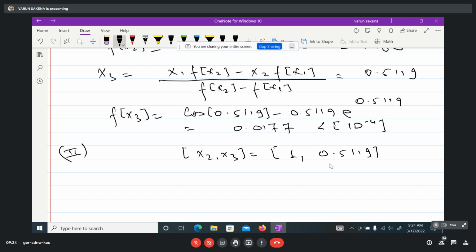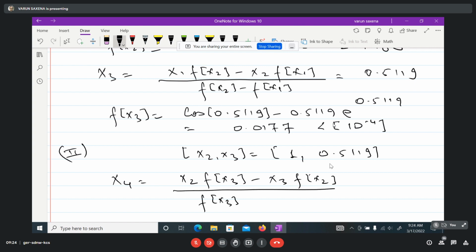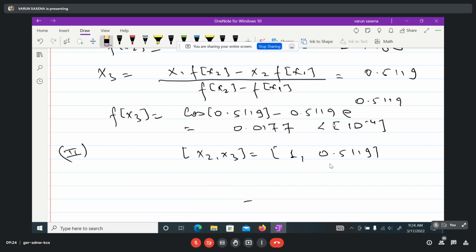So in this case, x4 becomes x2 f(x3) minus x3 f(x2) divided by this minus, but let's just do this to avoid confusion, lot of x's. So this is your new interval.